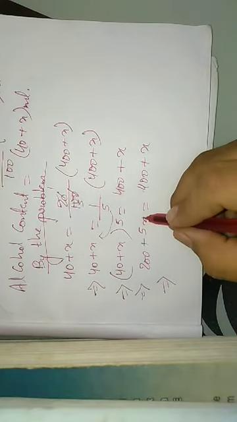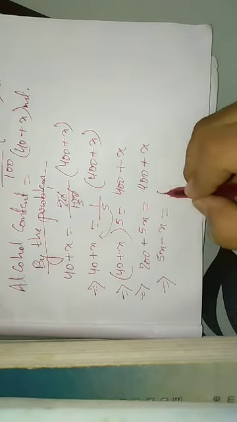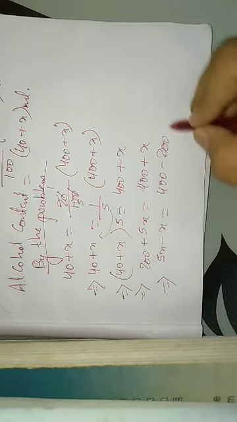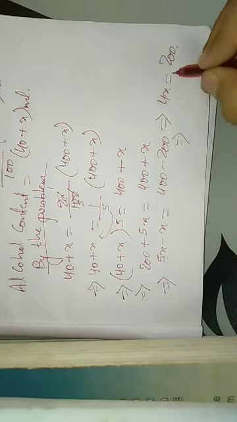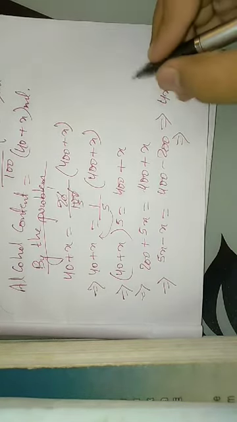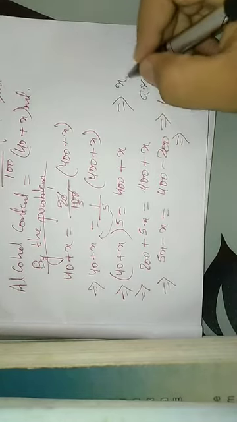Again, same thing: variables on one side, constants on the other side. So 5x minus x is equal to 400 minus 200, which implies 4x is equal to 200. This is ax equals b, so x equals b by a.